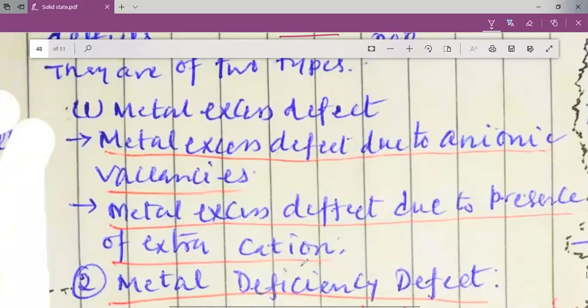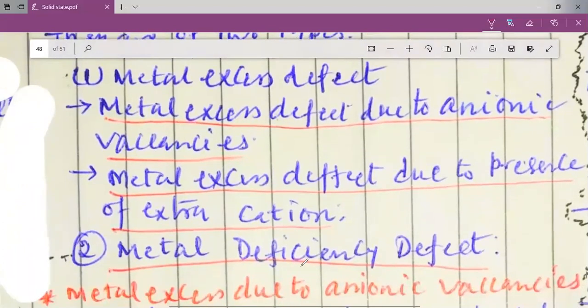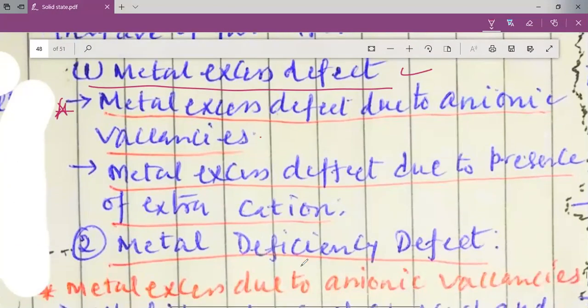They are of two types. We can have two types of non-stoichiometric defects. First one is metal excess defects. Metal excess defect due to the anionic vacancy.